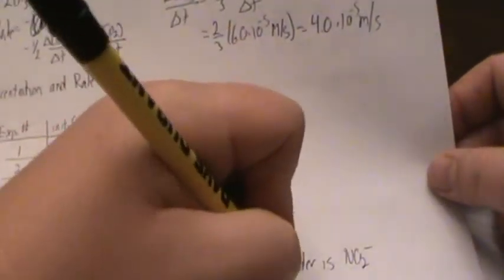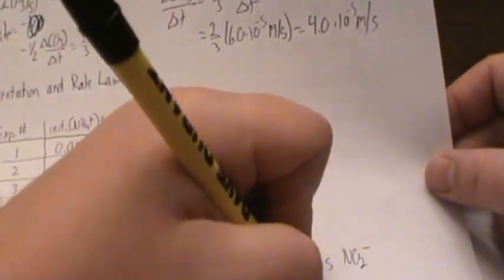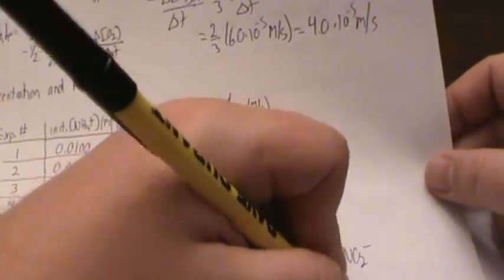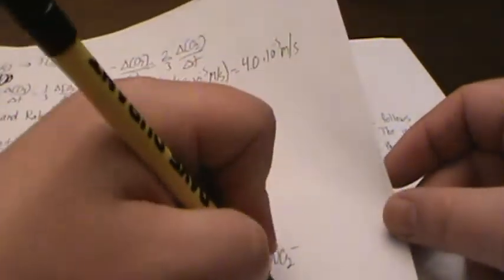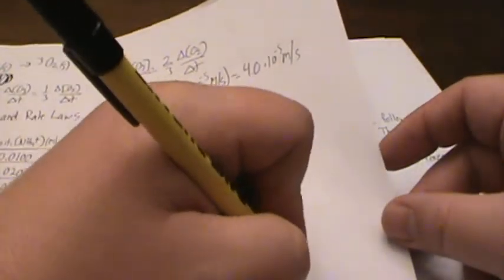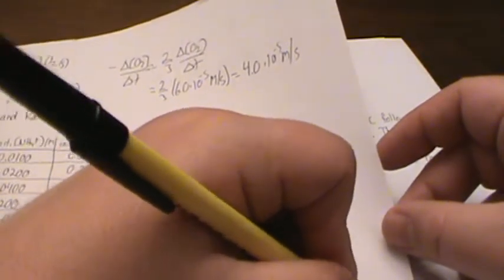So 0.0404 molar over 0.0202 molar, and I'll just use y since it's a different reactant. That's going to be equal to 21.6 times 10 to the negative 7th over 10.8 times 10 to the negative 7th, and that's molar per second.